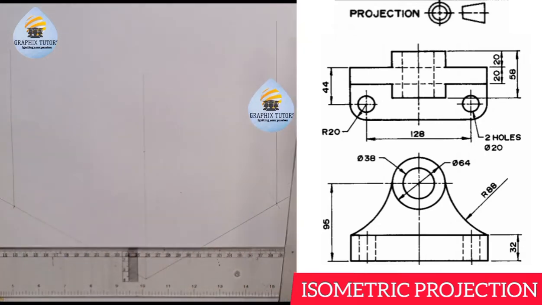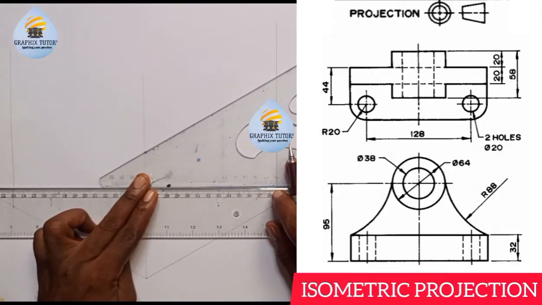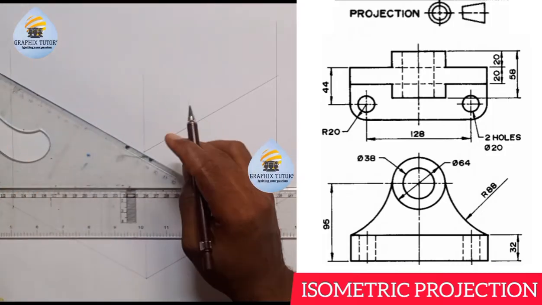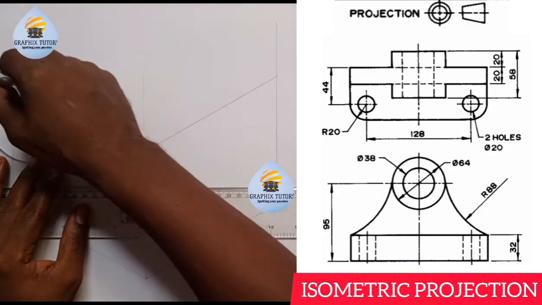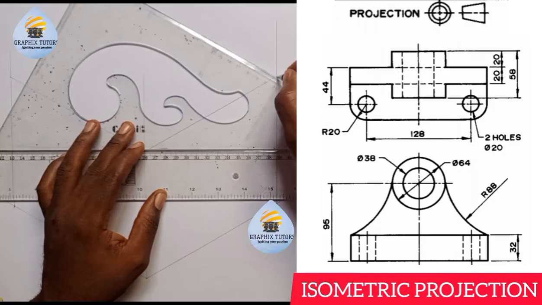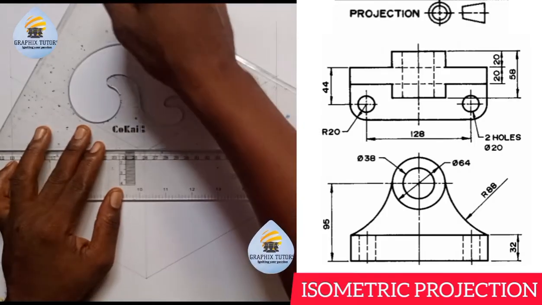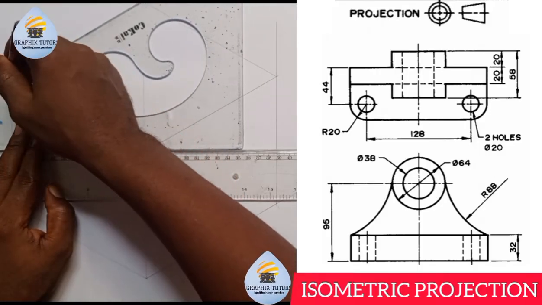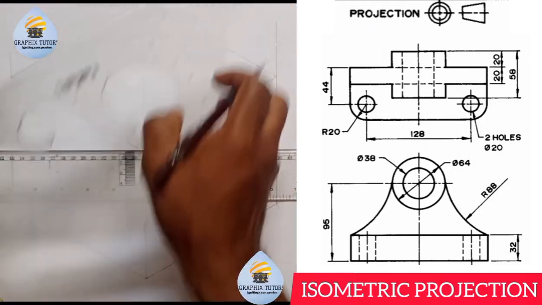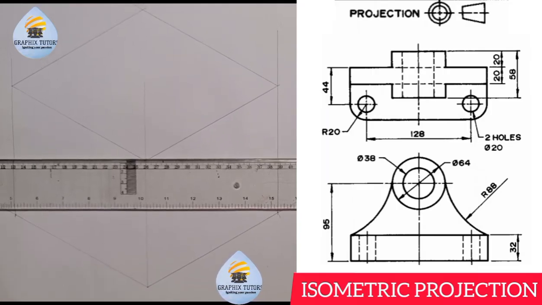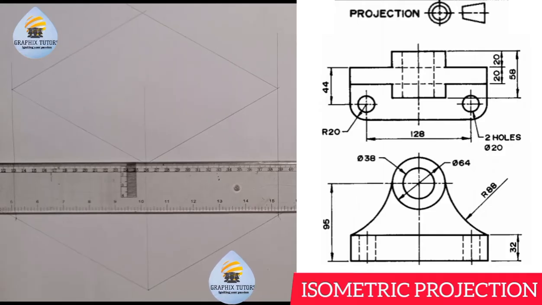The highest point here, I'm going to close it up in this way, and I'll close it up too in this way, and I'll come here too and close it up in this way. Hope you can see what I am drawing. I can bring it down a little bit to get an insight of what we're doing.